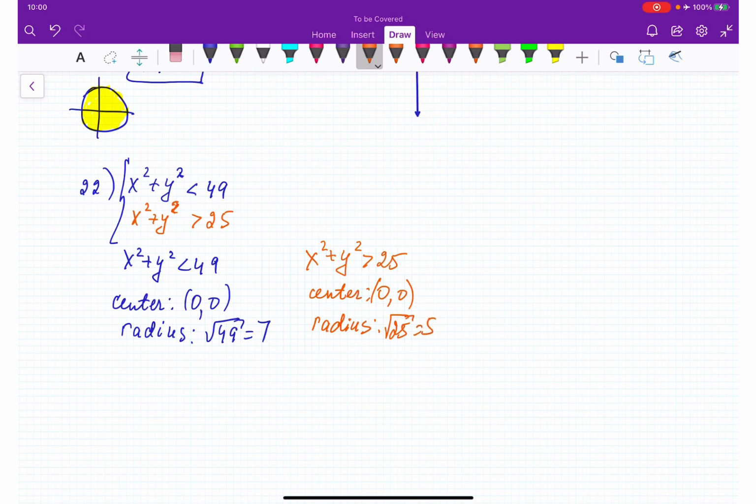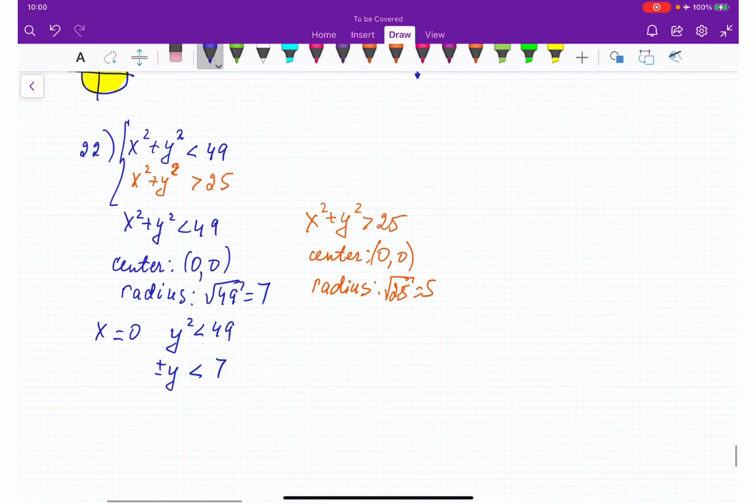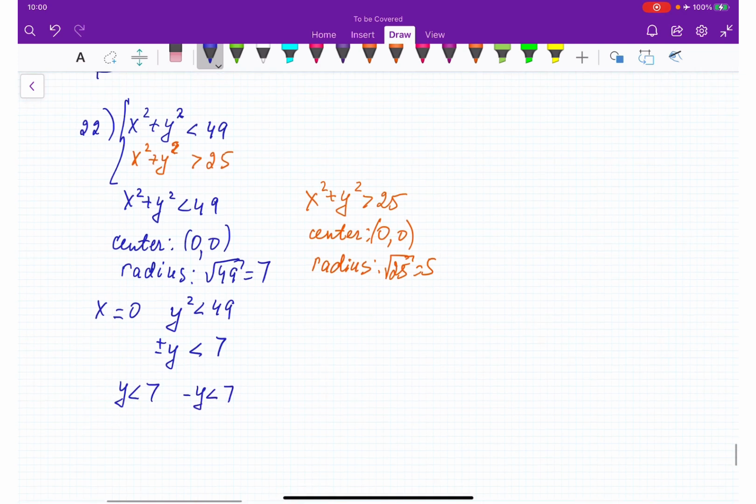Okay, so what do we have? Let me find out the shaded area. Obviously, it's going to be inside, right? X is equal 0. So we get y squared less than 49, plus minus y less than 7, right? And we have positive y less than 7 and negative y less than 7, or y greater than negative 7.